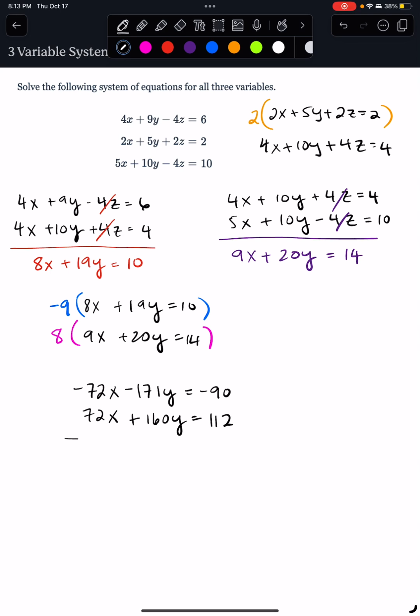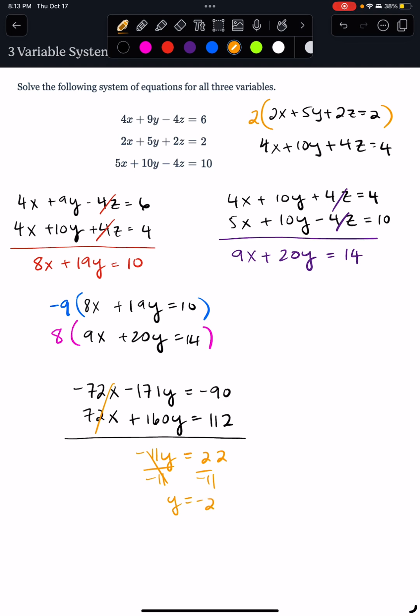All right, and we'll see here that we can start canceling things out just like we saw earlier. So we're going to eliminate our x values now. And this is going to leave us with negative 11y is equal to 22. And then we can divide by negative 11 on both sides, and this is going to leave us with y is equal to negative 2.